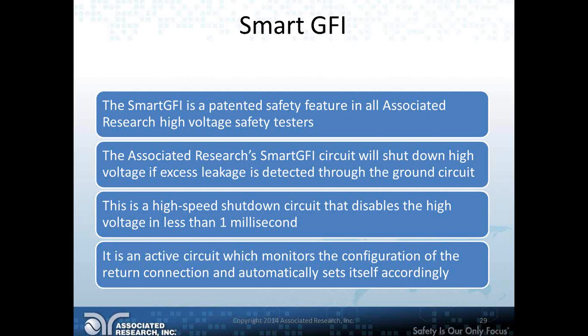In some cases, these products might be grounded via a production roller platform requiring the return of the electrical safety tester to be grounded, and in others, the return may be floating. The Smart GFI ultimately provides the most effective safety protection, since it is an active circuit, constantly monitoring the configuration of the return connection and automatically adjusting itself accordingly.